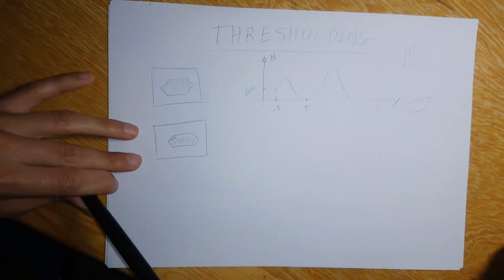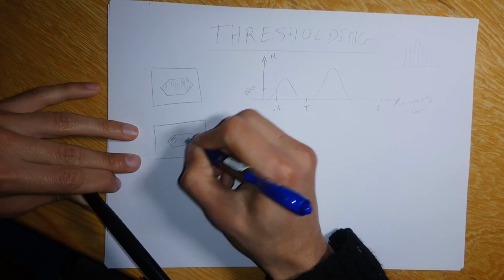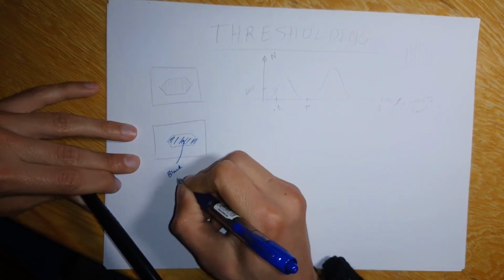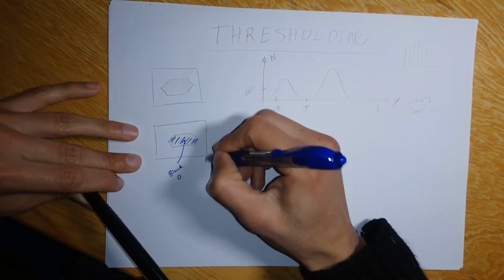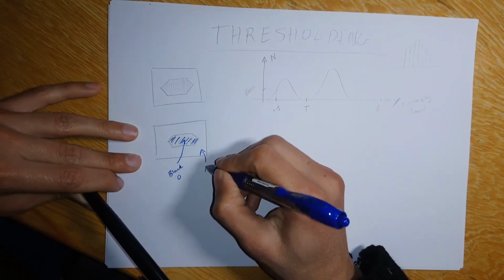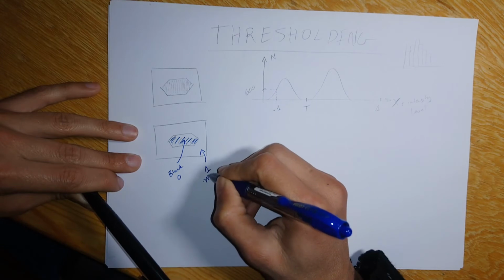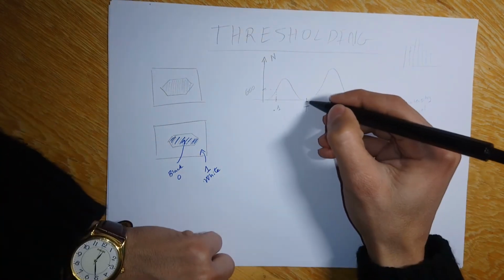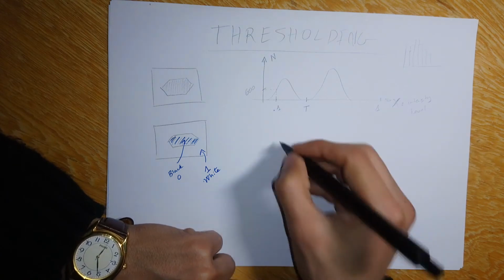Okay, so it's gonna be in black. That is the value 0, and everything here should be white. This is the white. So what I can do is just to define a threshold here.